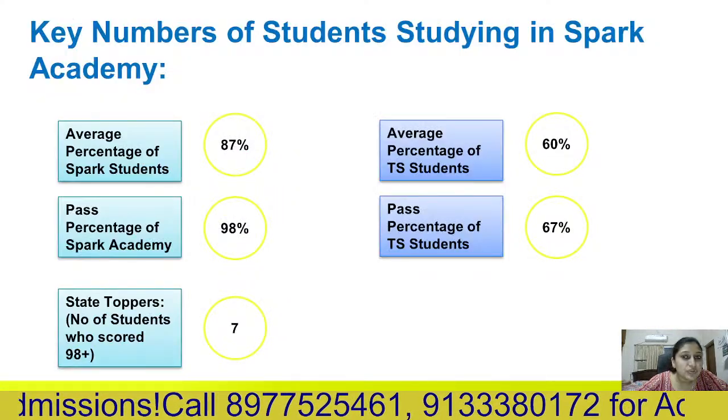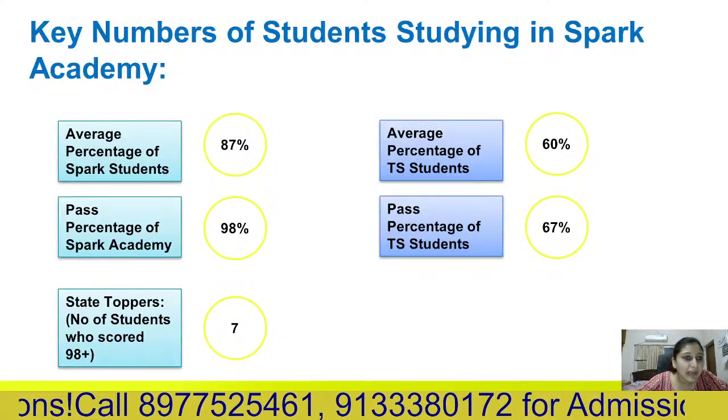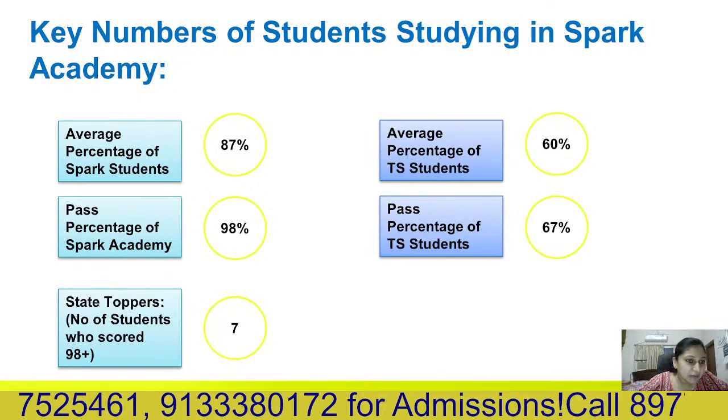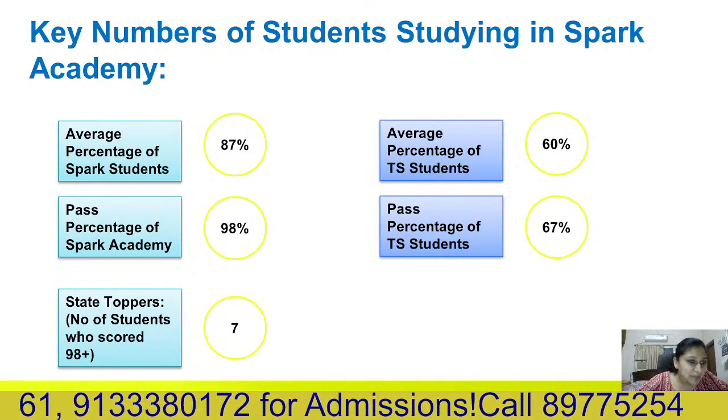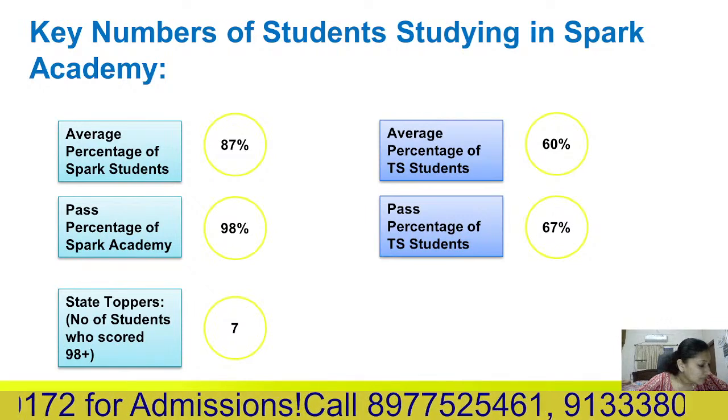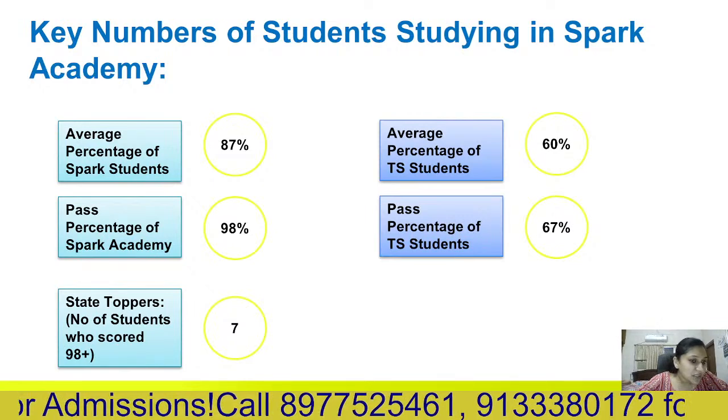Key numbers of the students studying in Spark Academy: the average percentage of Spark students is 87%. The pass percentage of Spark Academy can increase further.